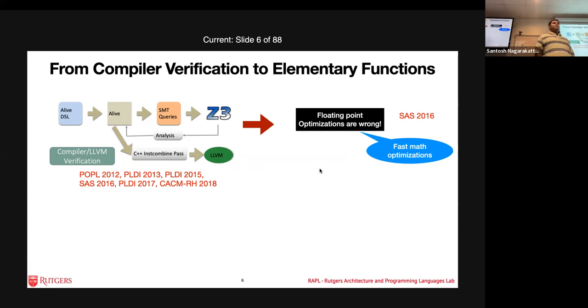And then I had an amazing set of undergrads. In 2017, I was hiring a lot of undergrads, and they were excited about machine learning. And I said, I can't advise students on machine learning. I advise people on compilers, right? So, okay. So my students said, there are fast math optimizations. Can you look at how machine learning models operate with fast math?